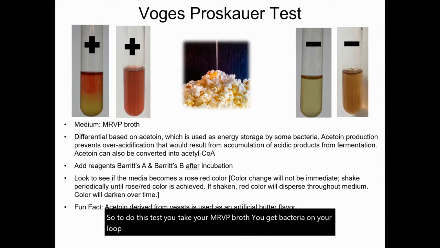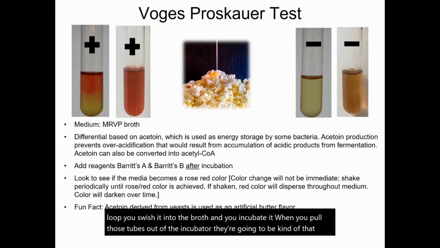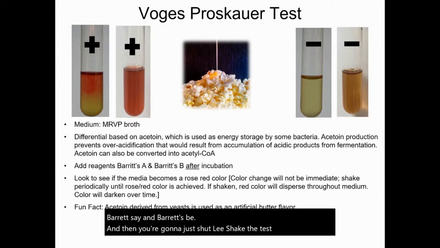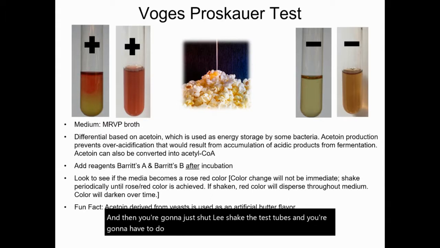So to do this test, you take your MRVP broth, you get bacteria on your loop, you swish it into the broth and you incubate it. When you pull those tubes out of the incubator, they're going to be that coppery color that you see on the right. You're going to add reagents Barritt's A and Barritt's B, and then gently shake the test tubes. You're going to have to do this periodically for up to about 30 minutes because sometimes that color change isn't immediate.